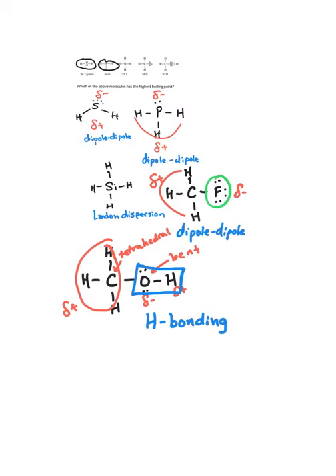So, overall, we can rank the general forces associated with molecules of each type. We can say that silane represents a very weak intermolecular force of attraction, whereas methanol represents the strongest of this group in terms of intermolecular forces. The other molecules are somewhere in between.